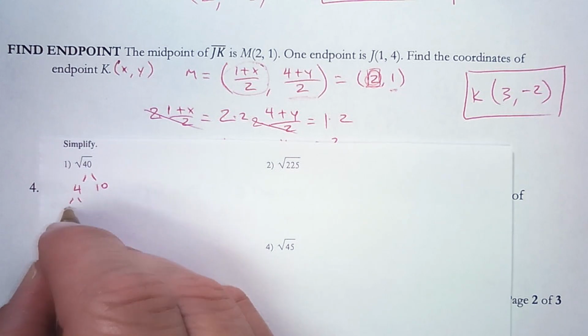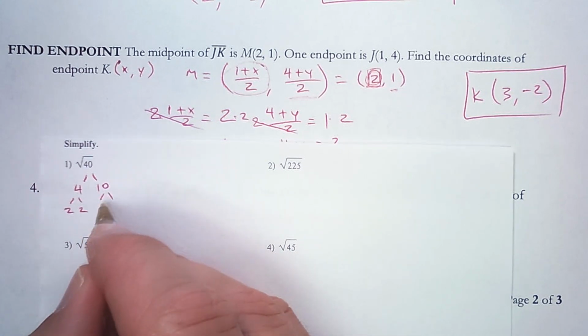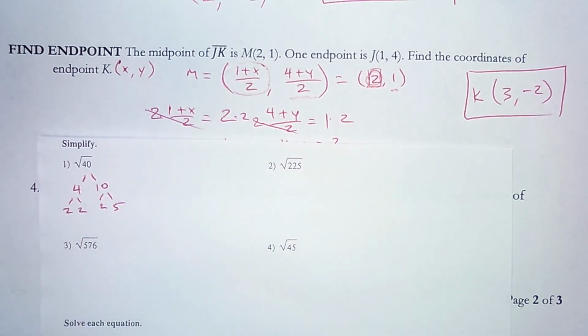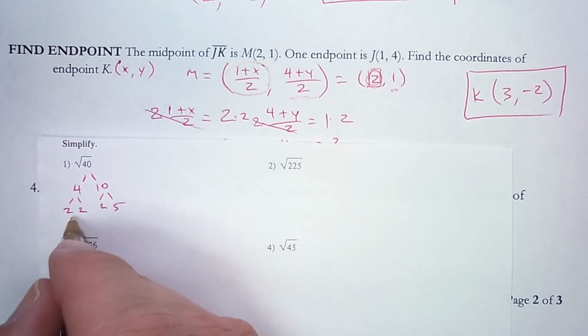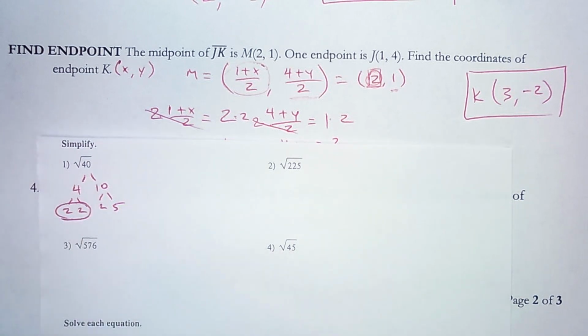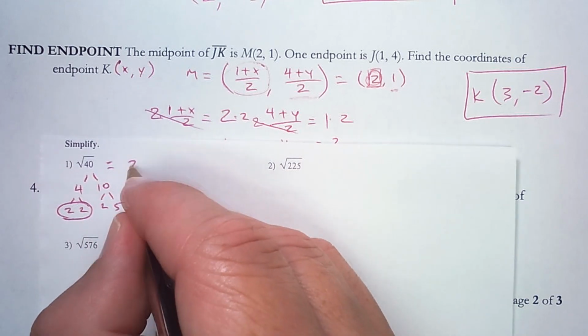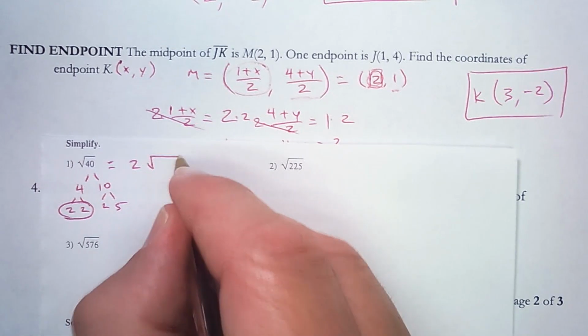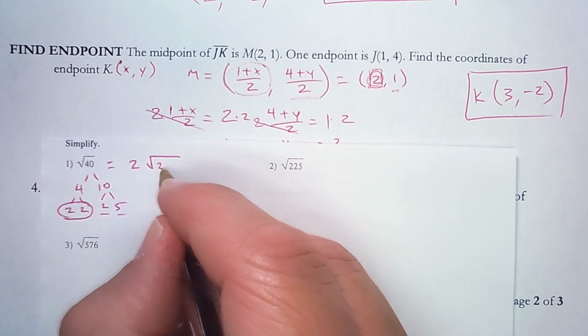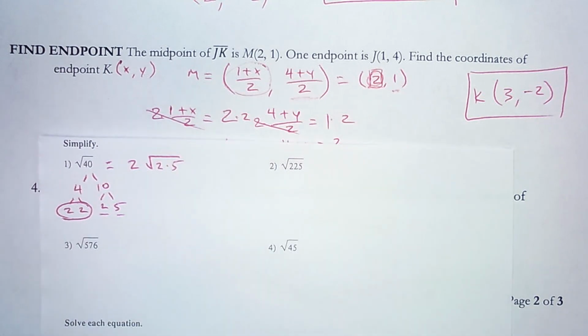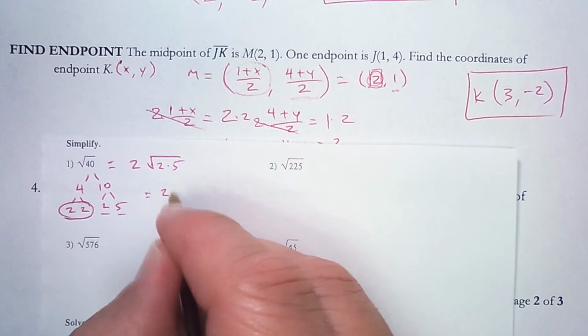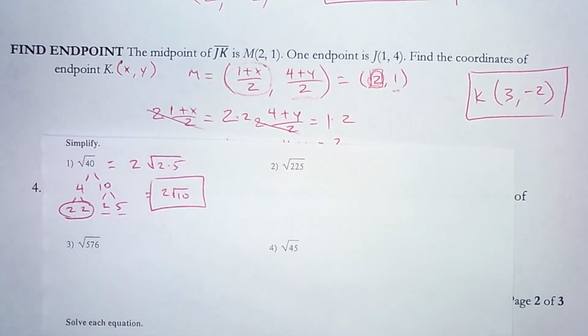Okay, 4 is 2 times 2, and 10 is 2 times 5. There is a pair of 2's. Anytime there's a pair, when I rewrite the radical, I'm going to take that outside, and anything left over stays inside. That's 2 times 5 stays inside. So that equals 2 times the square root of 10.